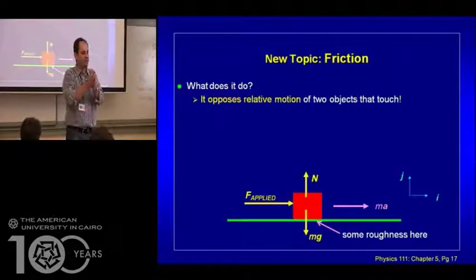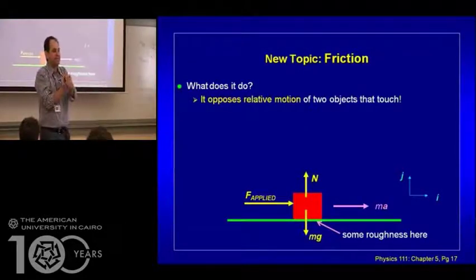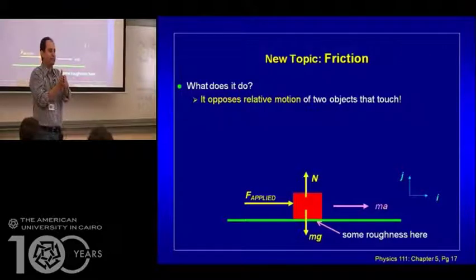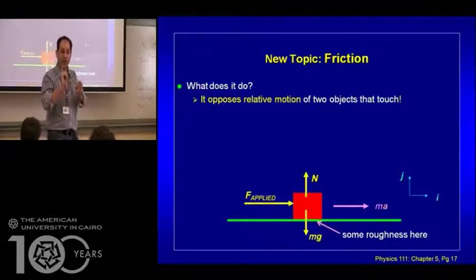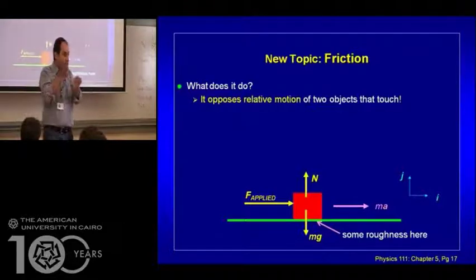Actually, my right hand sees my left hand as if it's moving along that direction. So the friction force on my left hand is always opposite to the direction of the relative motion. So if my left hand appears as if it's moving along that direction, then the friction force is going to be along the opposite direction on my left hand.